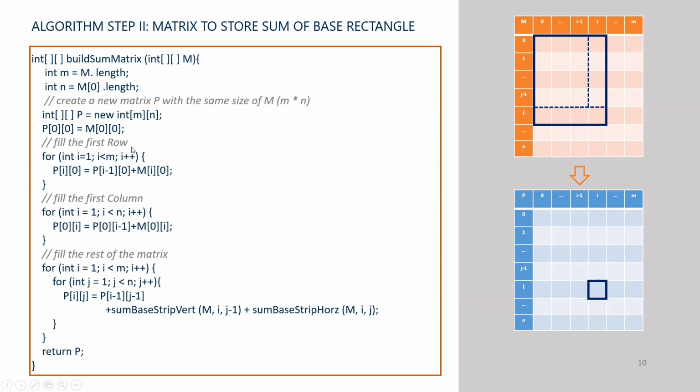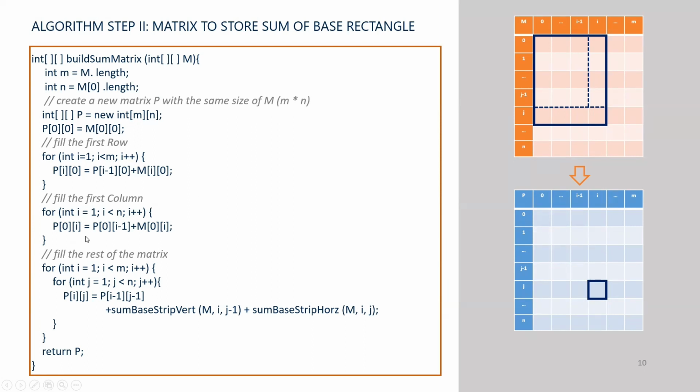Then fill the first row. For i equals 1, i less than M, i plus plus, then P[i][0] equals P[i minus 1][0] plus M[i][0]. Then we'll fill the first column.